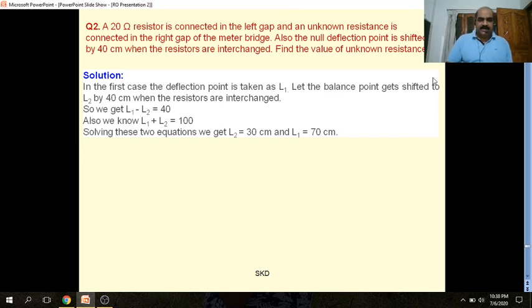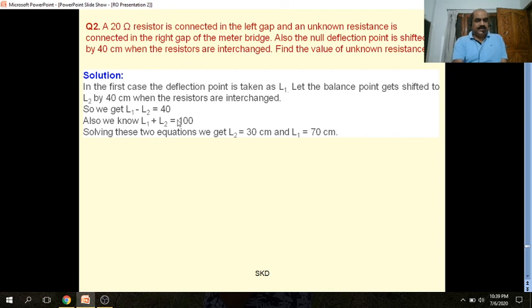In the first case the balance point is taken as L1 and it gets shifted to L2 by 40 centimeter, means the difference of L1 and L2 is 40. But their sum should be 100. So by interchanging the resistance, the difference is 40 and the sum should be 100 because these two are the parts of the 100 centimeter.